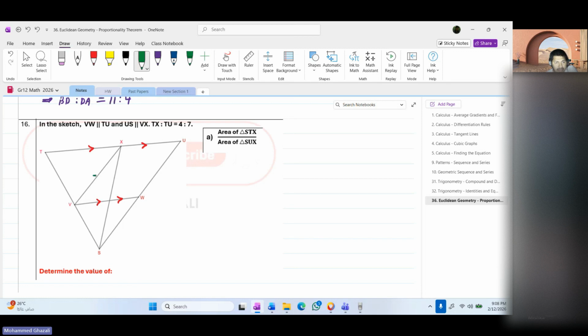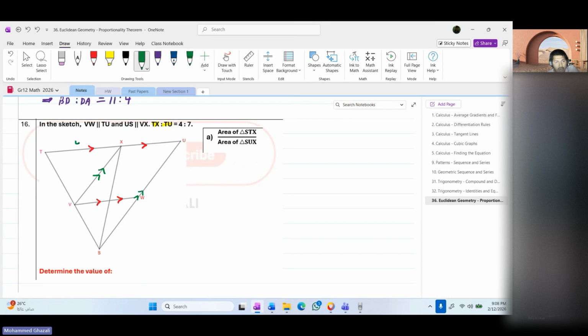And even this one is parallel. This one is parallel to this one. So, well, in this case, just one of them now, right? Yeah. Now there's four different proportionality triangles. Anyways, I'm going to explain this. TX to TU. What is TX to TU?